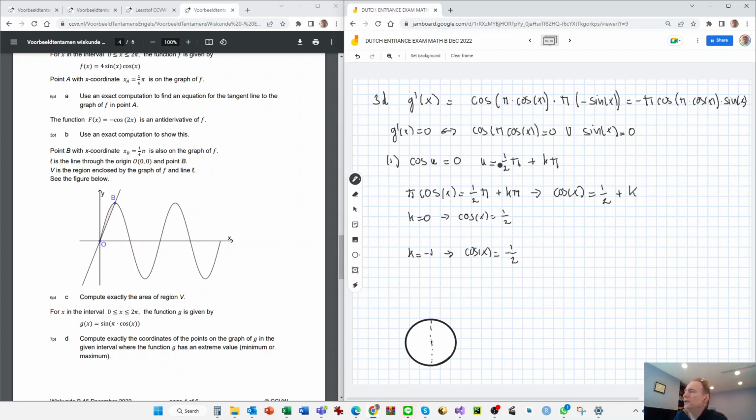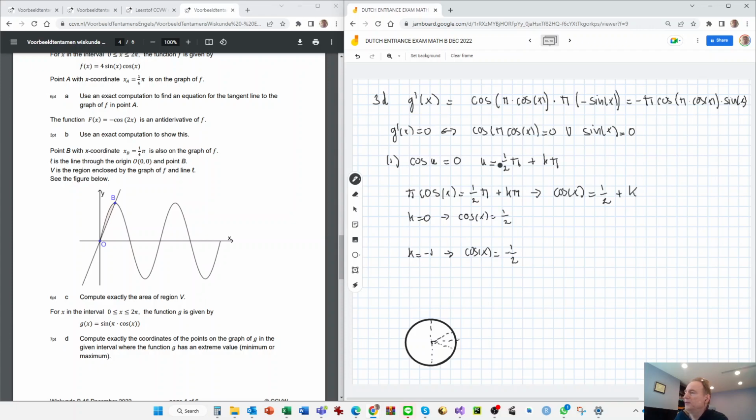So when is the cosine of x 1/2? Well, again, need to know our trigonometry here. So that happens at pi over 3 here. And it also can happen here.